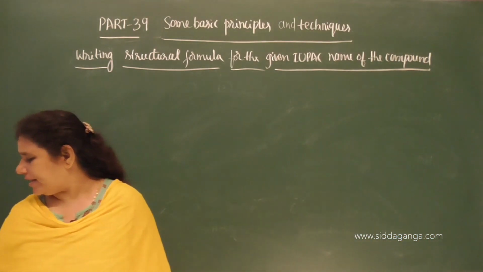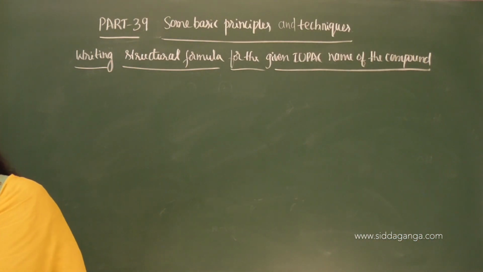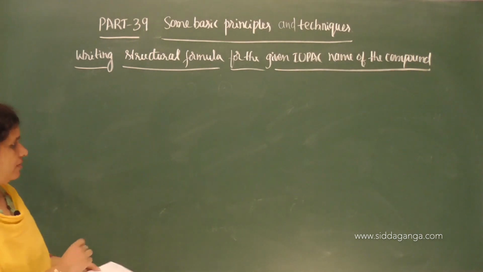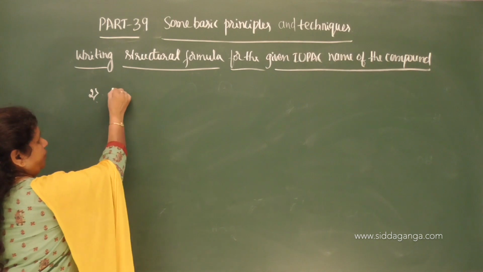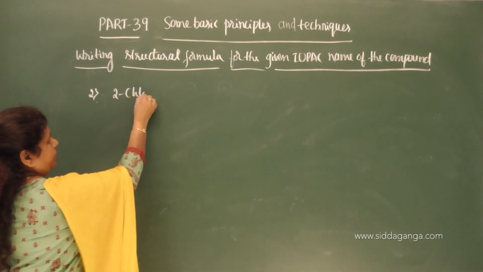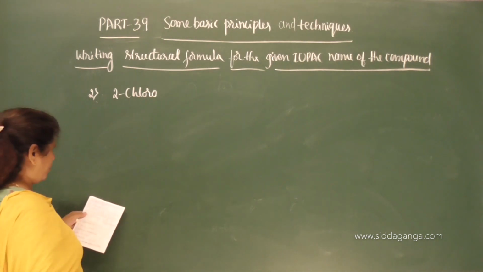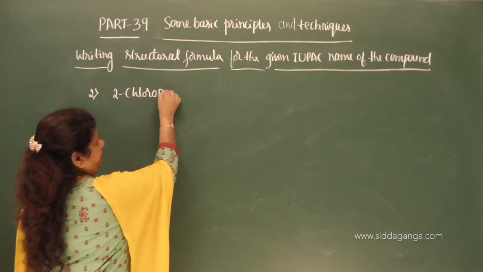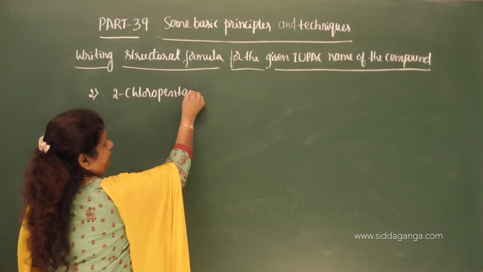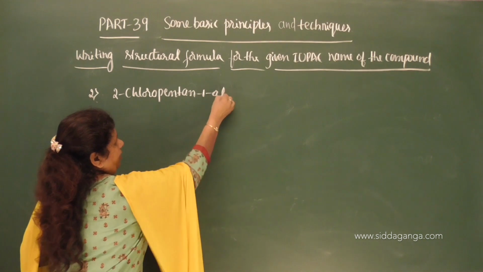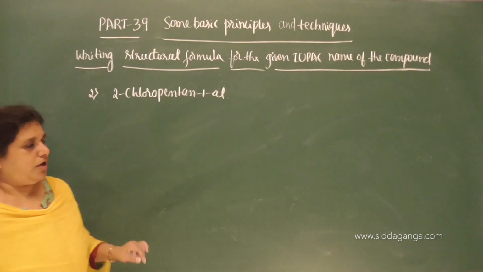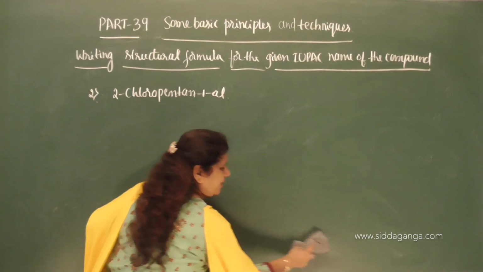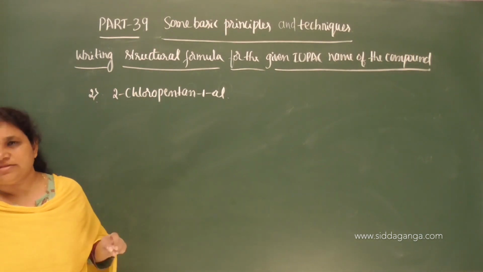Take the second example, that is 2-chloropentan-1-al. 2-chloropentanal. So, now I will write the structural formula for this.